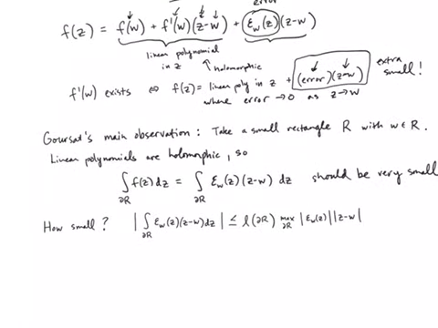And so let's see, this norm z minus w: if this is our rectangle, our w is going to be in here somewhere, and z is going to be on the boundary. The worst this distance could possibly be is that diagonal distance there. So norm z minus w is less than or equal to the length of that diagonal.